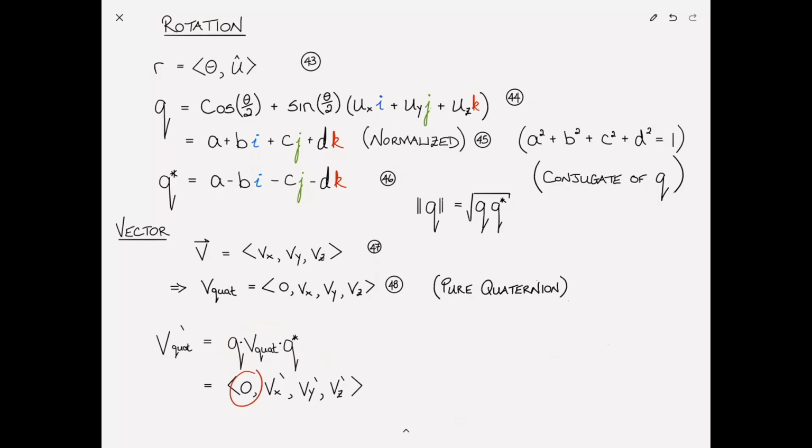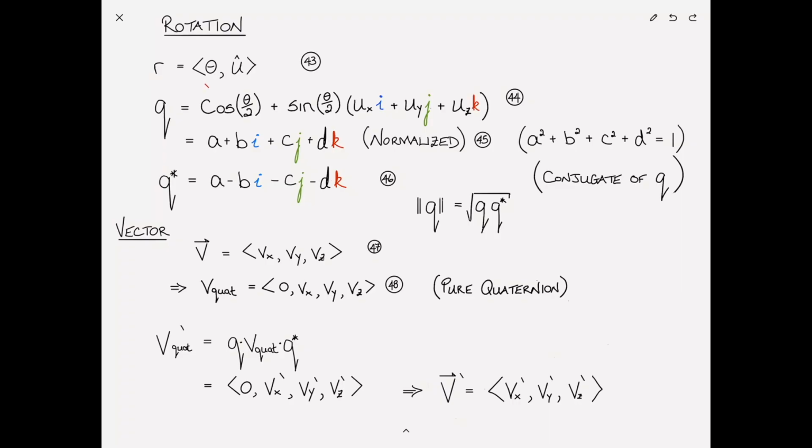So you will always get a 0 here. And then obviously with the results of that, we can find our rotated vector trivially by saying that our rotated vector, which we'll denote V prime, is just equal to the vector components of this rotated quaternion. So Vx prime, Vy prime, Vz prime. And that is it. That's how simple it is to perform a 3D rotation using quaternions.